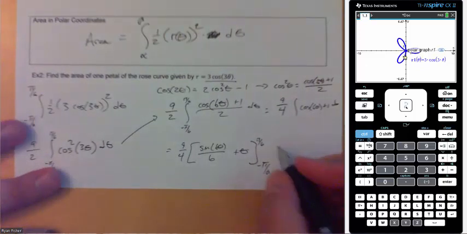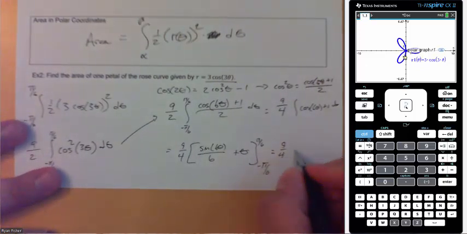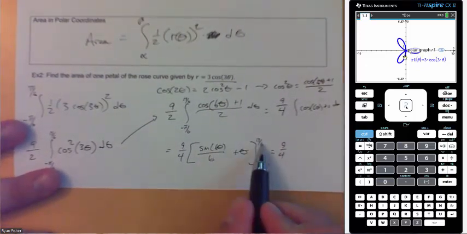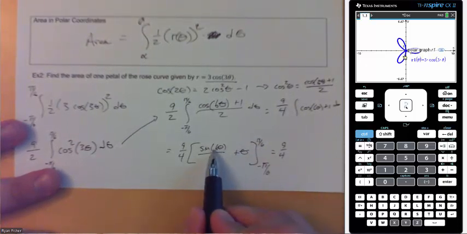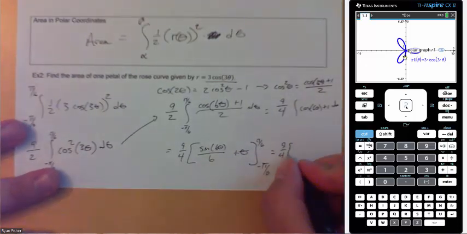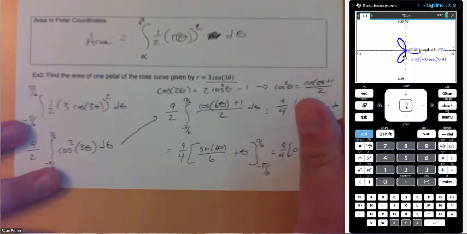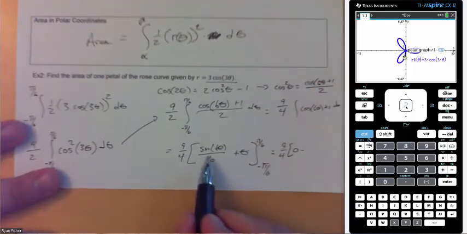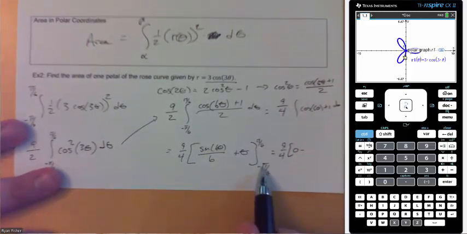Let's plug that stuff in. This is 9/4. Let's see, sine of 6 theta, with theta equal to pi over 6, is sine of pi, which is 0. Minus sine of 6 times negative pi over 6, which is sine of negative pi, which is also 0.